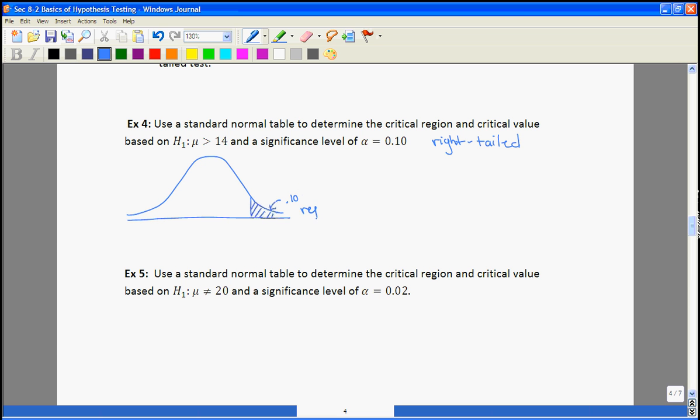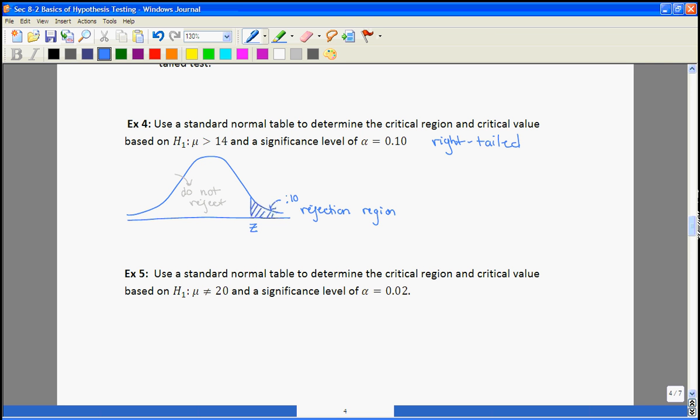And that is the rejection region. Whereas over here, anything in this area, I do not reject. So what I'm trying to find is what is this number right here.